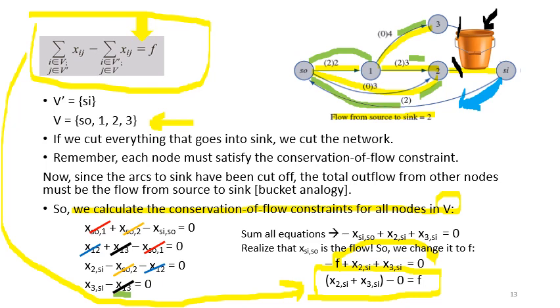So that's the explanation of why the capacity of the cut minus something equals the current flow. Now another comment is that here the something equals 0 because the only node in V prime is sink. If we have another node in V prime, that will correspond to a term in the conservation of flow in the other node.